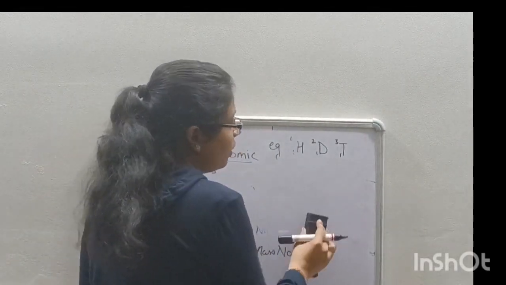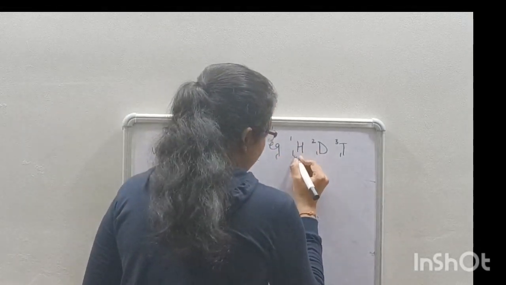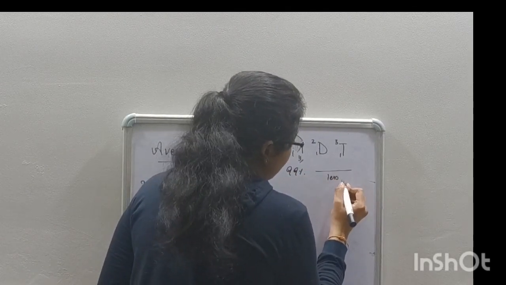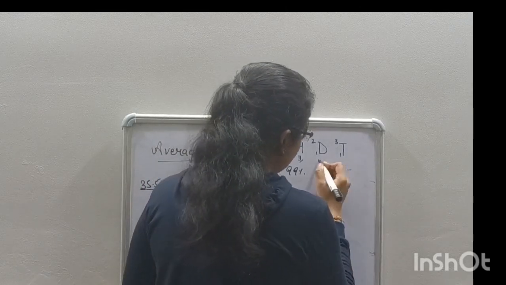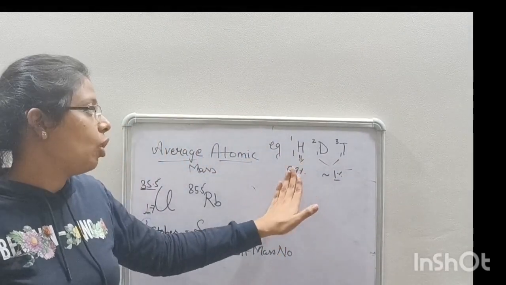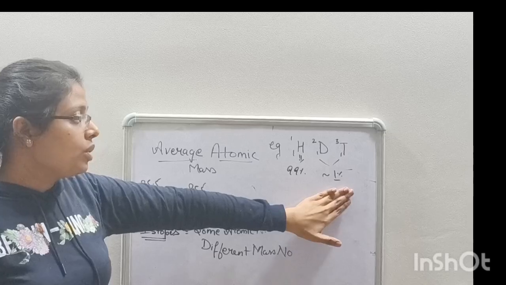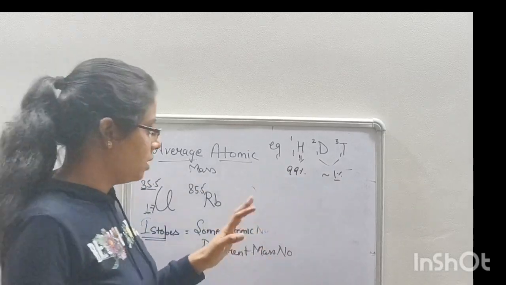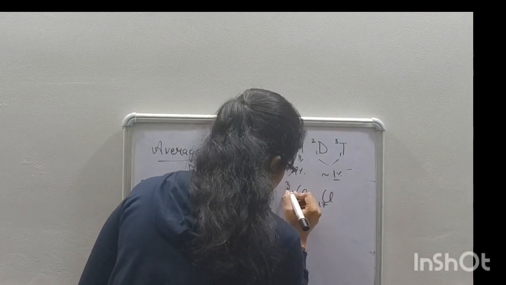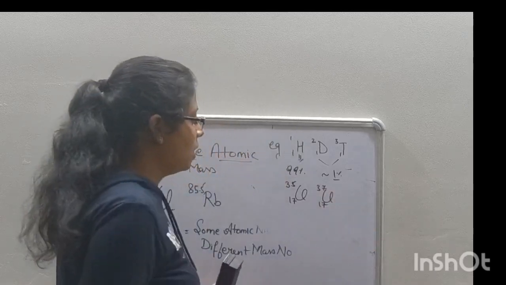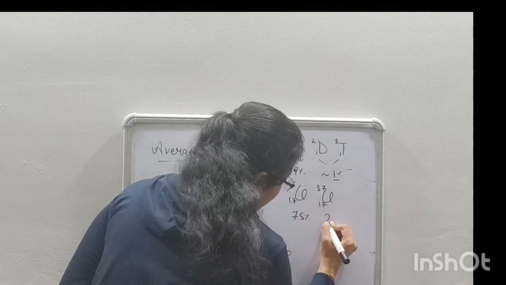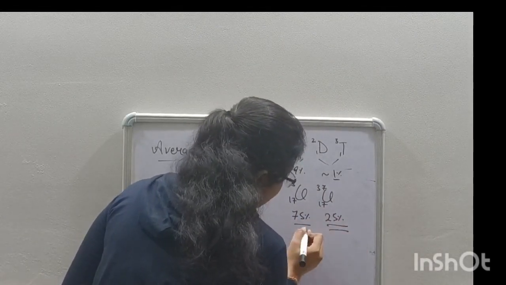In nature, the amount of hydrogen present in this form is almost 99%, and the amount of the other is around 1%. So the mass of hydrogen comes out to be almost 1, because the other amount is negligible. But in case of chlorine, the amount present in nature is around 75% and the other is around 25%.